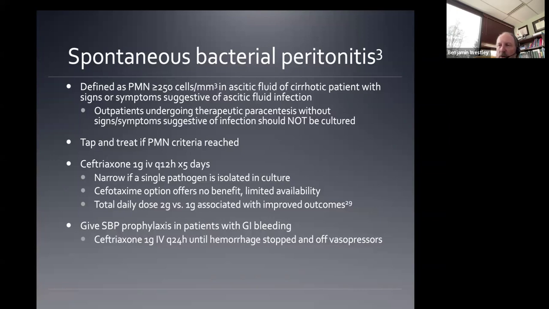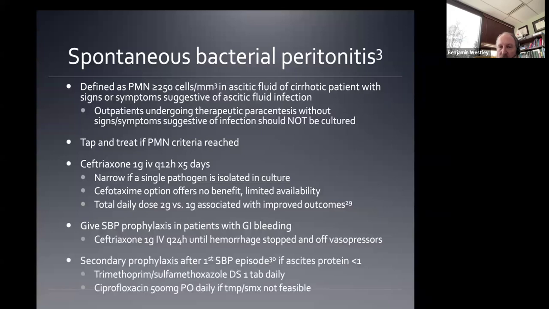If there's concern that they already have infection because the abdomen's tender or there's fever, then the ascites should be tapped. If there's no concern for that, sometimes a tap is not done, but ceftriaxone, just 1 gram in that case, is adequate, and can be given until the bleeding stops and the patient's off vasopressors, or up to 7 days in the old literature.